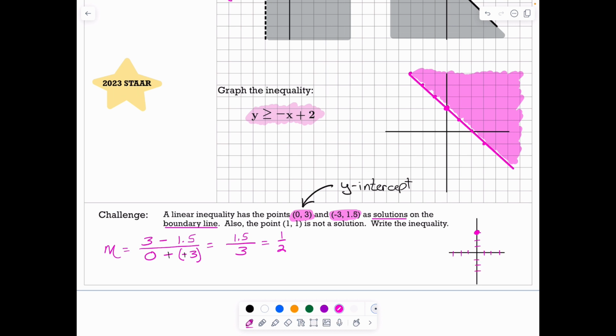And then using my slope, up 1 over 2, I'm going to plot another point. Solid line, through those points.